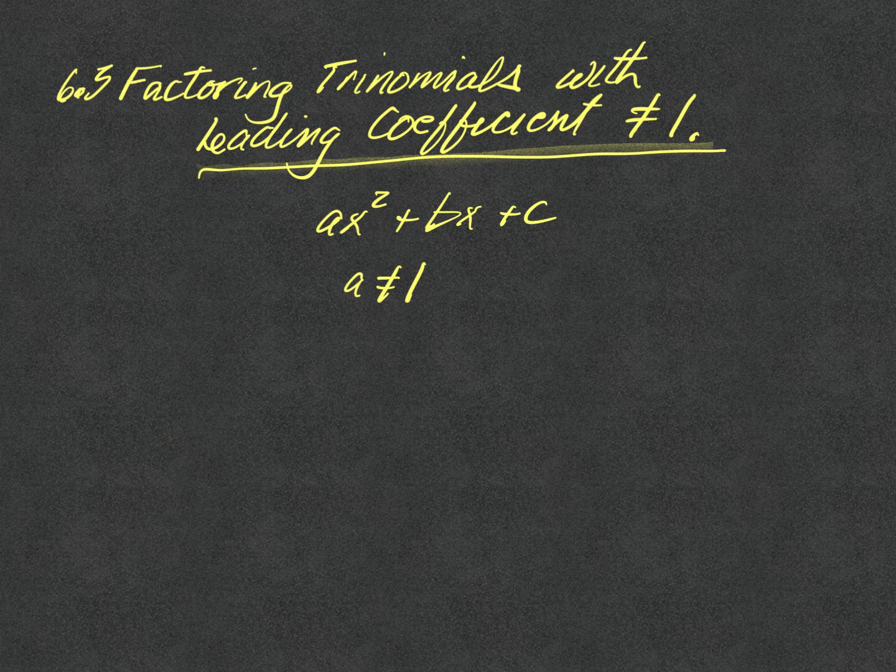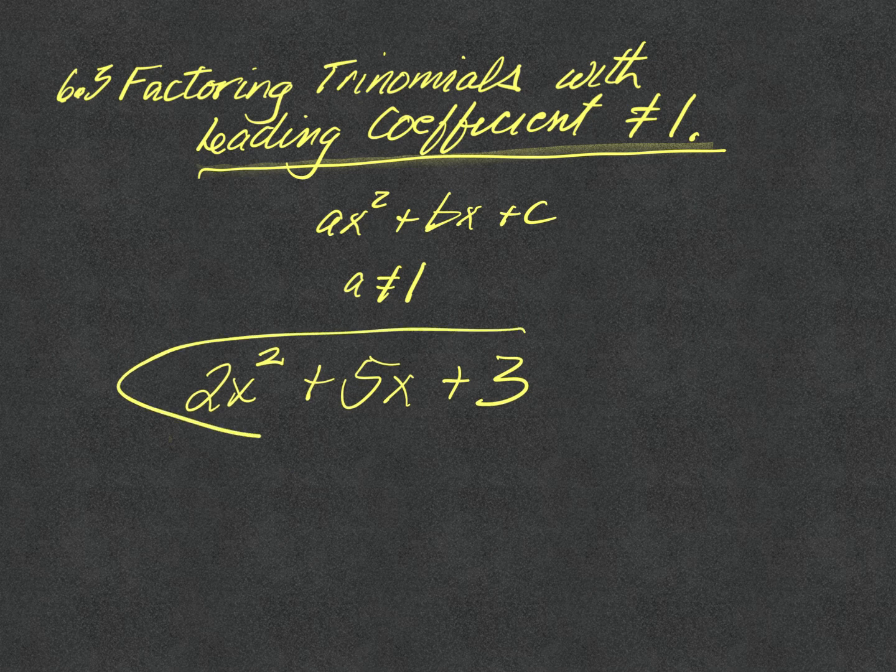So let me show you a quick example here, and we'll talk about how we can work through this. Okay, here's our example right here, 2x squared plus 5x plus 3.